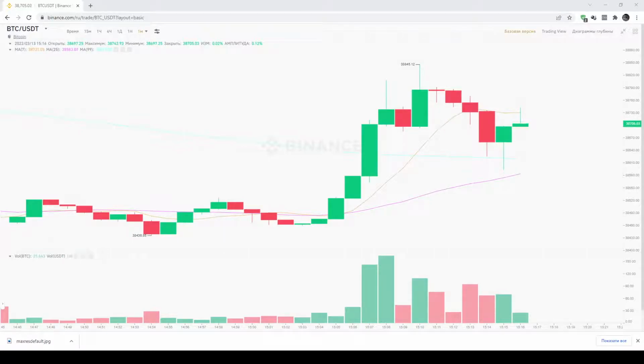There are some benefits to using these charts. The main advantage is that they look much smoother, which helps you to identify the trend direction more easily.